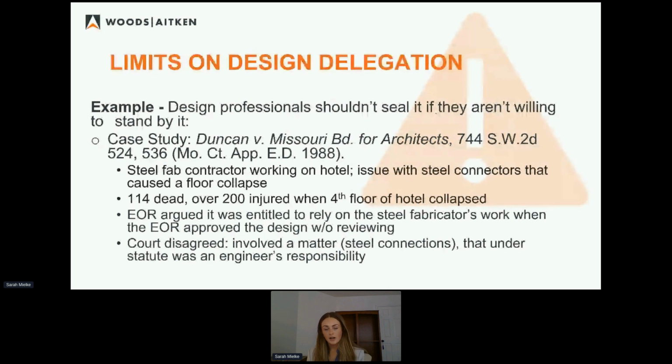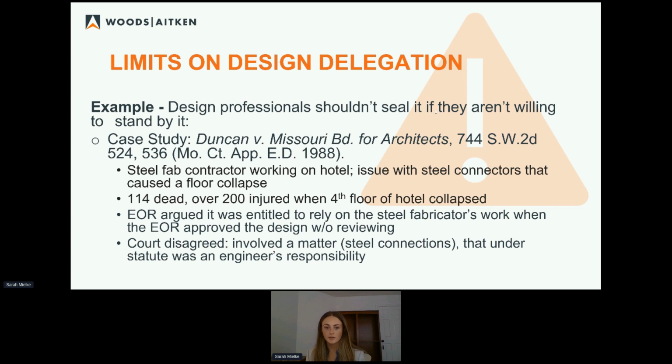The engineer of record obviously pointed fingers at the steel fabricator and vice versa. That's what you do when something like that goes wrong. And it's unfortunate, but it's true. The engineer argued that it was entitled to rely on the steel fabricator's work. And in arguing that, the engineer was referring to when he received the steel fabricator's work, all he did was stamp it.